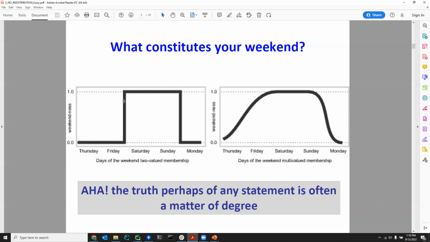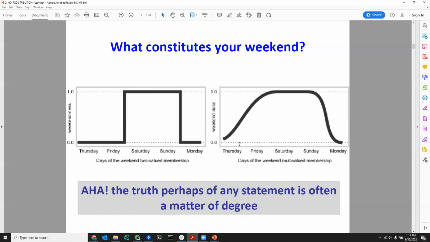And we see that there's a discontinuity in between Friday and Saturday and Sunday and Monday. And so on this continuum, this is when you transition from the week to the weekend, or I should say from not the weekend to the weekend. So up until here, it's not the weekend, and then immediately it just becomes the weekend with full membership, and then it becomes not the weekend anymore.